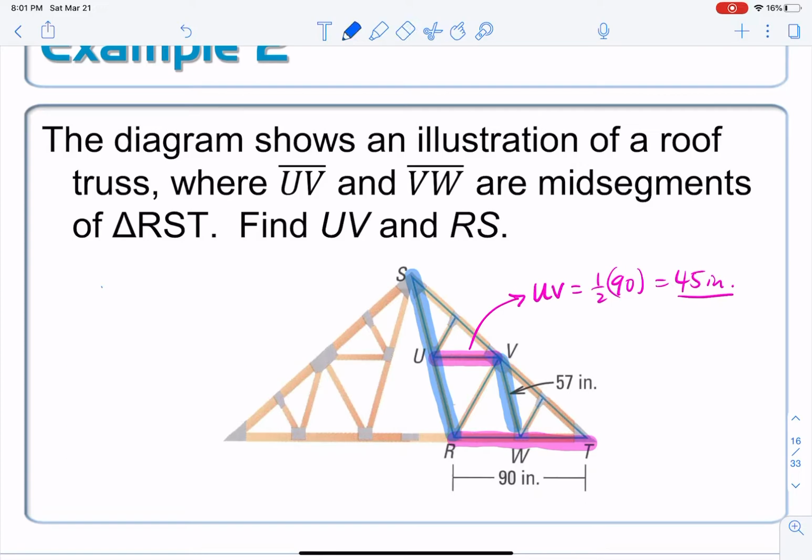So RS is equal to 2 times 57, the length of VW. So 2 times 50, that'd be 100. 2 times 14, 2 times 7, 14. So we got 114, also in inches.